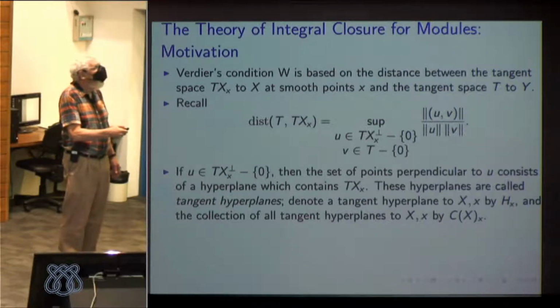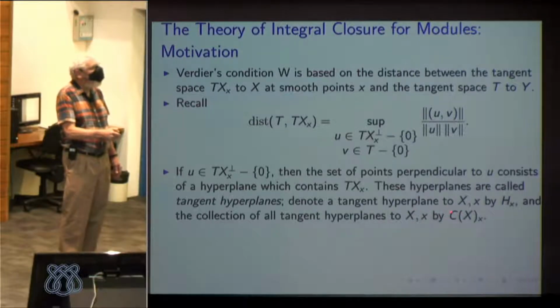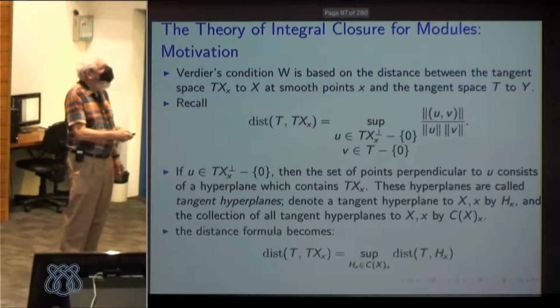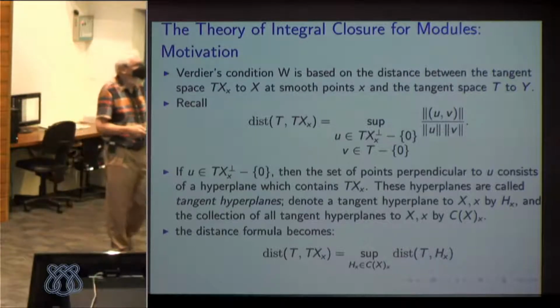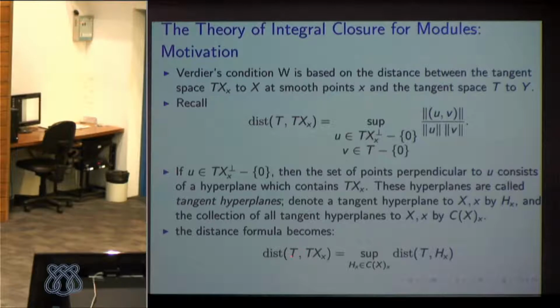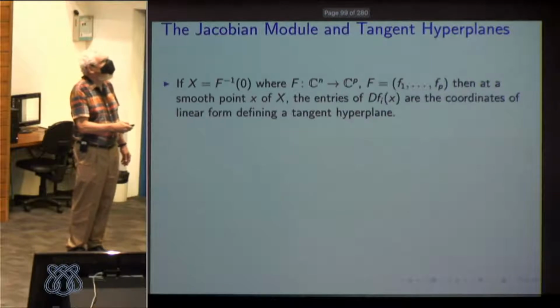In fact, this will be a tangent hyperplane, and we want to use the notation c of x for the conormal, the fiber of the conormal of x over x. And then the distance of t to the tangent plane of x is the sup of the distances of t to h of x, where h of x is now a hyperplane.